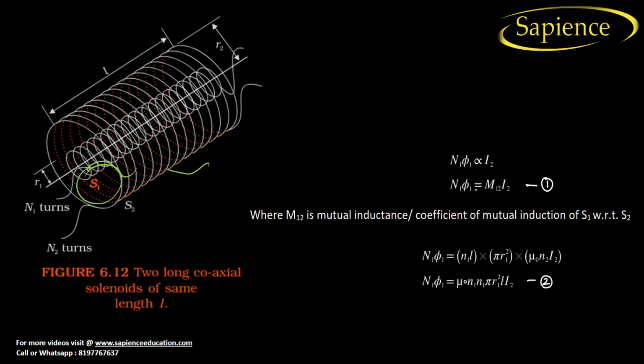Okay. Now from here we can also find N1 phi 1. So this is equal to N1 into L into pi R1 square into mu naught N2 into I2. So finally we will get N1 phi 1 equal to mu naught N1 N2 pi R1 square into L into I2.